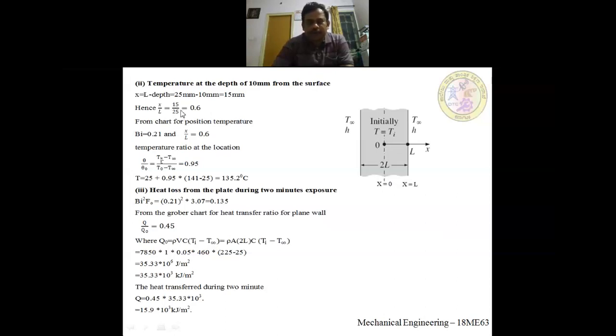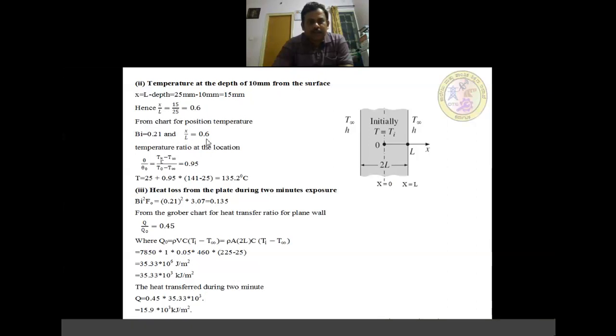If you want it in meters, the 10 power minus 3 cancels on both, so you are going to get 0.6. From the chart, for the position temperature with Biot number 0.21 and x by L equal to 0.6, we have to calculate the temperature ratio. Remember these two values, 0.2 and 0.6. I am going again to the chart.